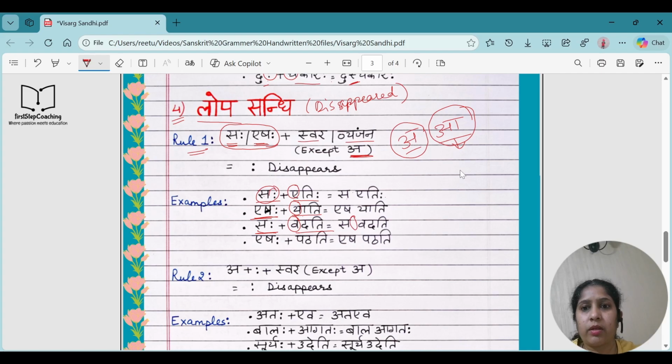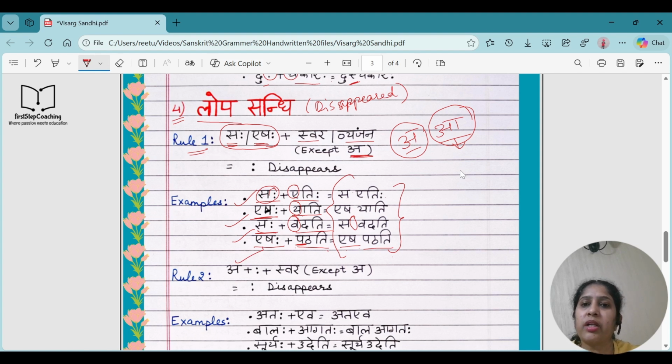There is no other change. Okay. Then Eshaha Pathiti will become Esh Pathiti, because after Eshaha, if you have a Pa, then any Vyanjan is there, and that time the Visarg will not be written. So it will become Esh Pathiti. This is at the time of joining, and this is how we are going to write during splitting. Fine. I am hoping the first rule is clear to all of you.